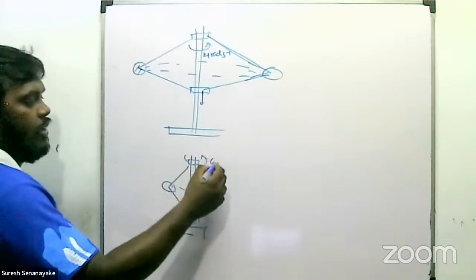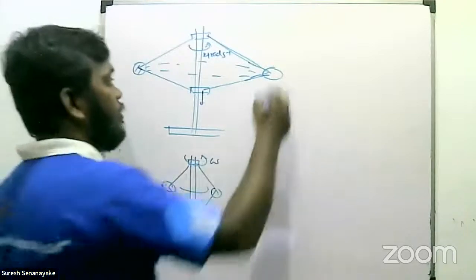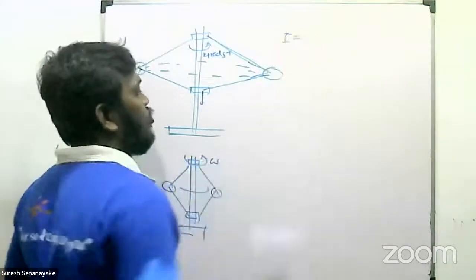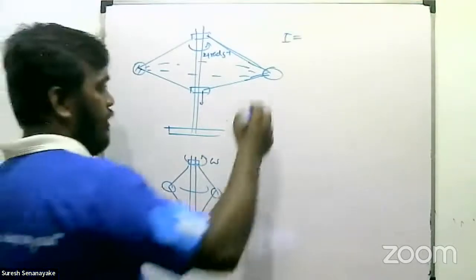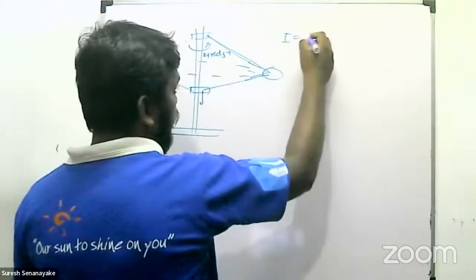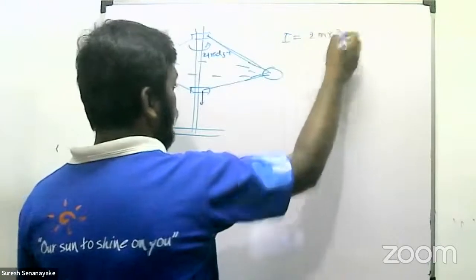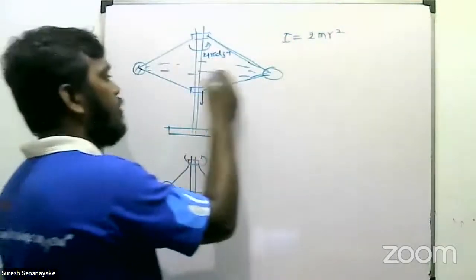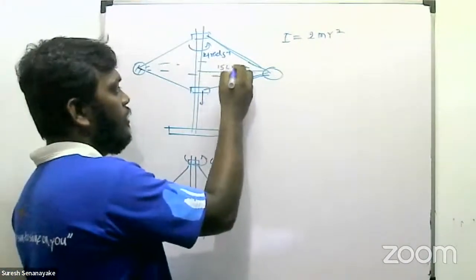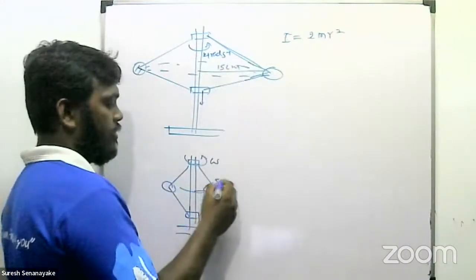Now let's see, omega is the angular velocity. The initial moment of inertia is mr square, and there are two balls, so 2mr square. Consider each as a particle rotating at a distance of 15 centimeters here, and then 5 centimeters here.